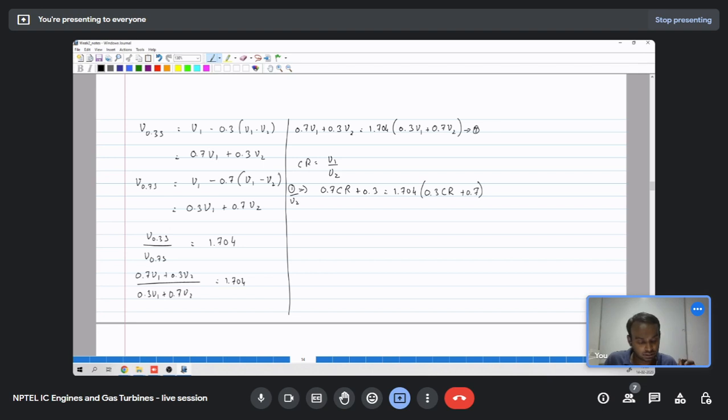Then we have 0.7 minus 1.704 times 0.3 of compression ratio, equal to 1.704 times 0.7 minus 0.3. Then we can calculate the compression ratio.